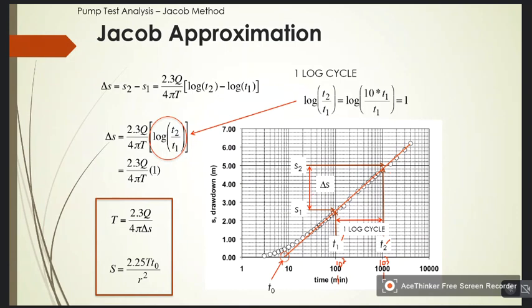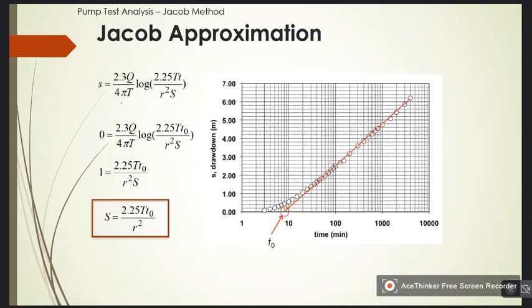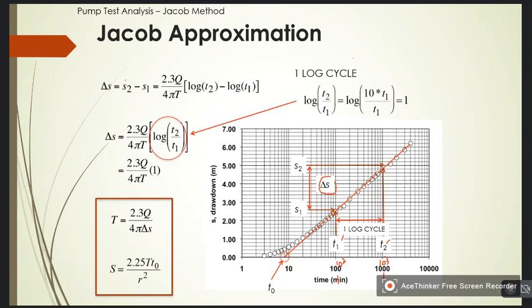What is the difference between S2 and S1? It is delta S. So use your equation. Our original equation is S is equal to 2.3 Q divided by 4 pi T log this. So I'll write that.